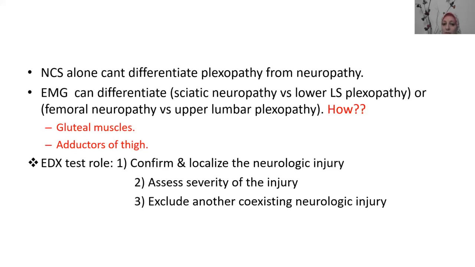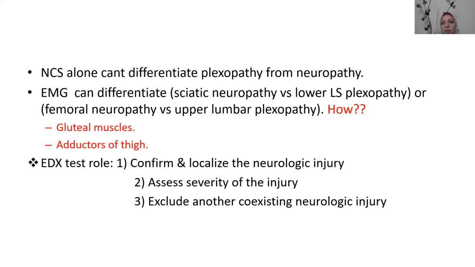But if it is only sciatic neuropathy, the glutei will be spared. Also, EMG can differentiate between femoral neuropathy and upper lumbar plexopathy by examining the obturator innervated muscles, like the adductors of the thigh. If they are affected, it's not femoral neuropathy, it's beyond the femoral nerve. Most probably it is due to upper lumbar plexopathy.